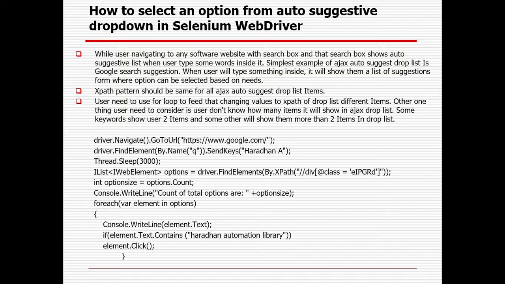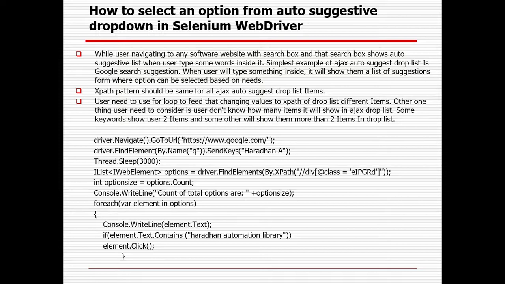So in case you are navigating to a search box where you can type something and it gives you a value, you can do three things. First, enter the value. Once the value is entered, you get the list of options, and you can create the Xpath, because all the Xpath or CSS properties for the suggestion box will still be the same.